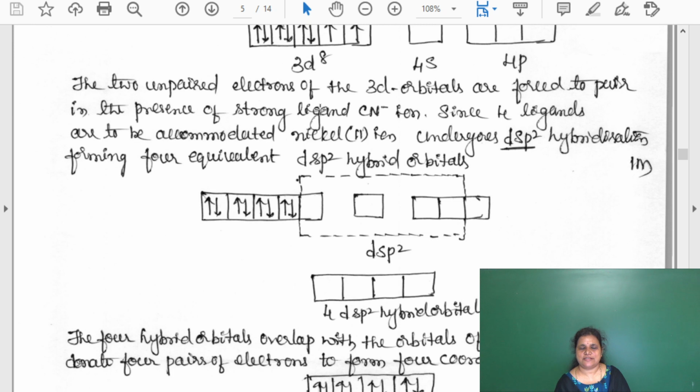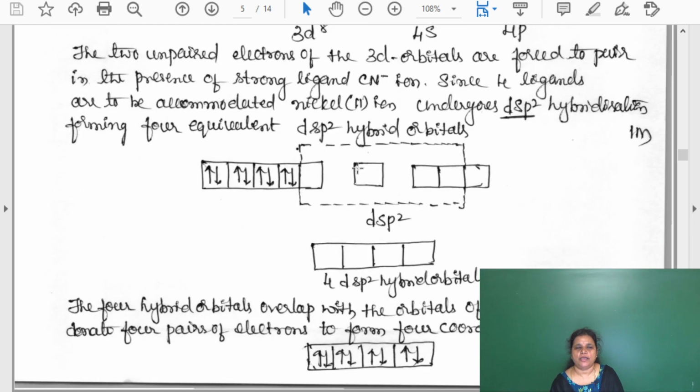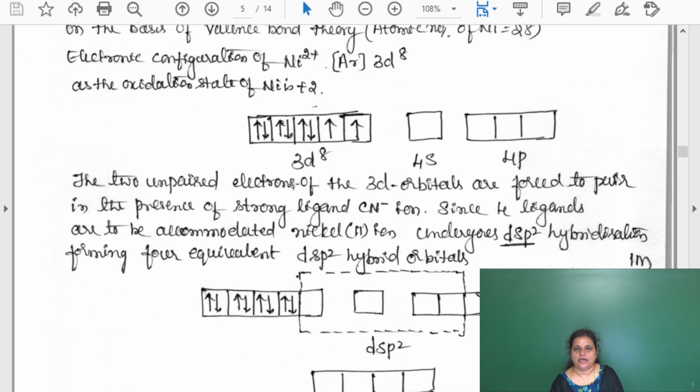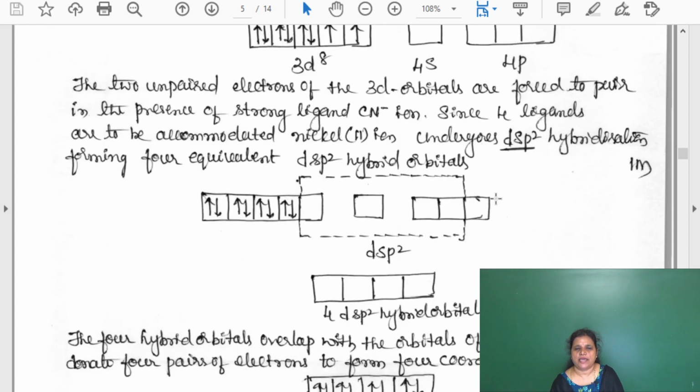Therefore, in the presence of a strong ligand, these electrons get paired up, and since 4 ligands are to be accommodated, Ni2+ undergoes dsp2 hybridization, forming 4 equivalent dsp2 hybrid orbitals. Compulsorily you have to show this dsp2 hybridization and pairing of the electrons. This complete explanation carries 1 mark, and writing the hybridization is very important.